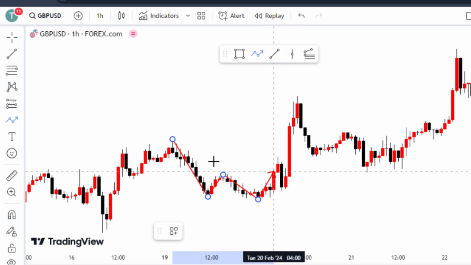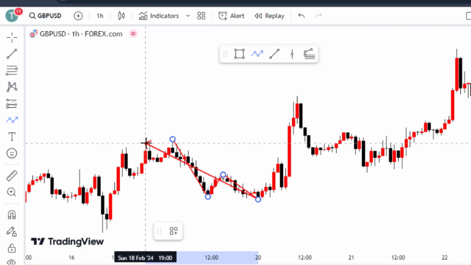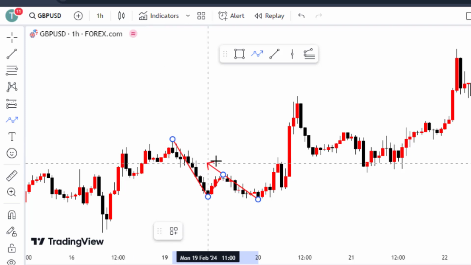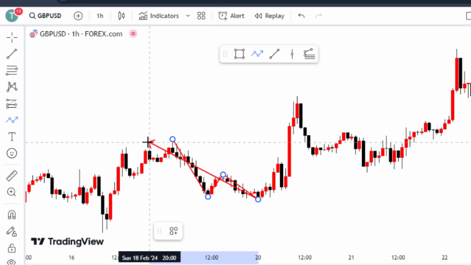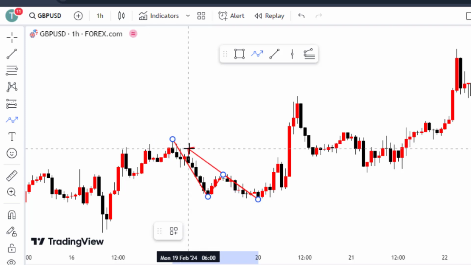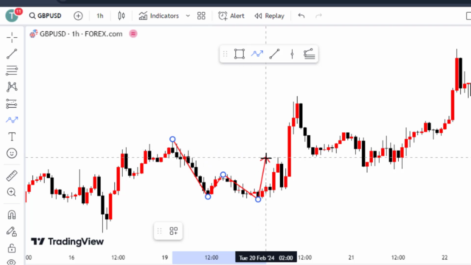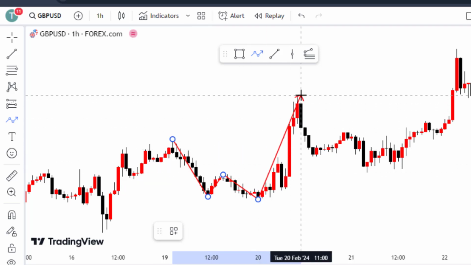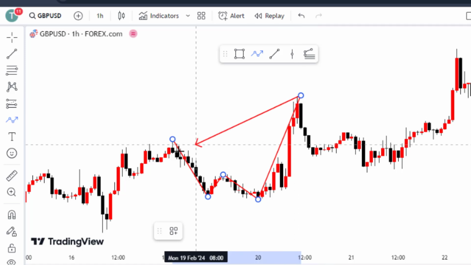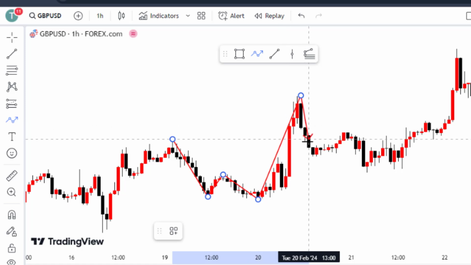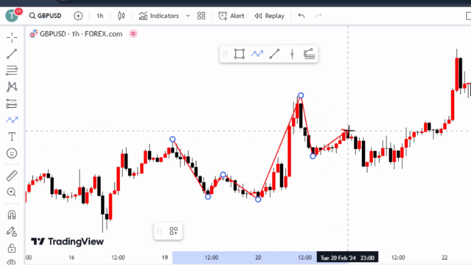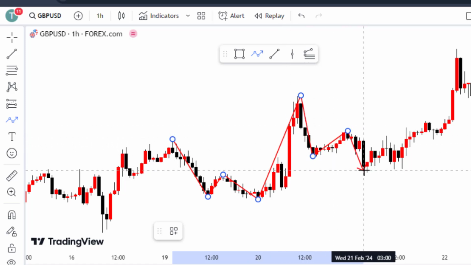Price creates this intermittent high, because there was a series of short-term highs at the left and at the right. Are you seeing it? Price takes it out. What happened? You notice that this intermittent high was taken out, and price creates a series of short-term lows.